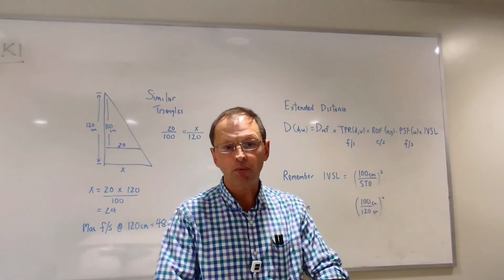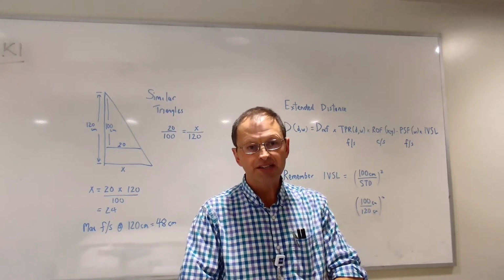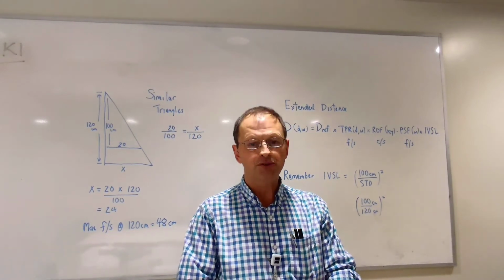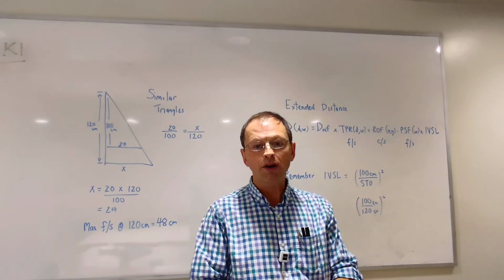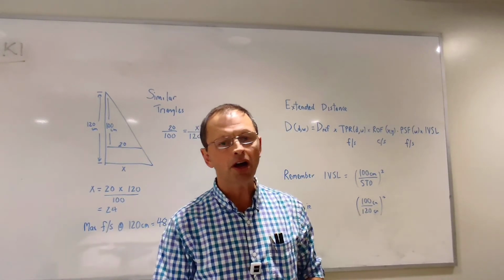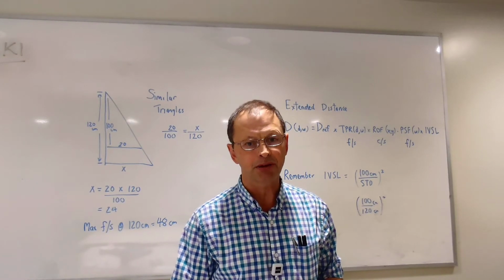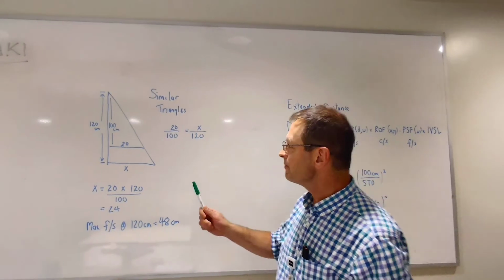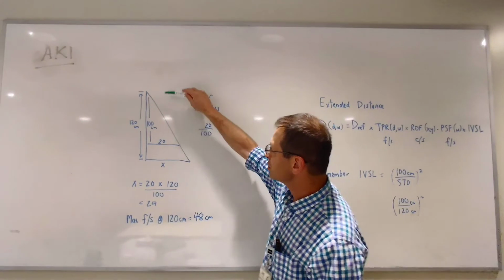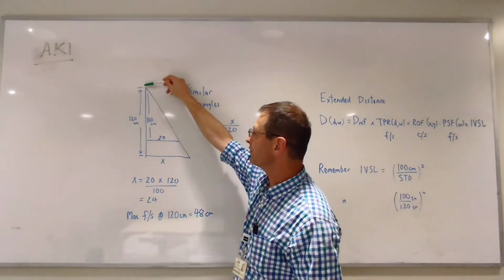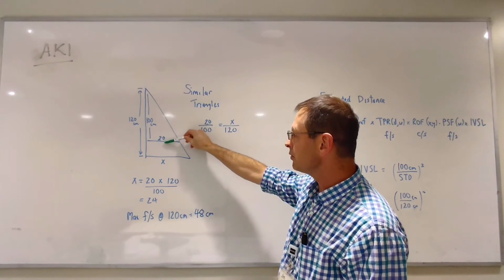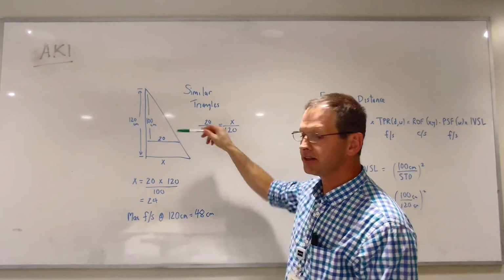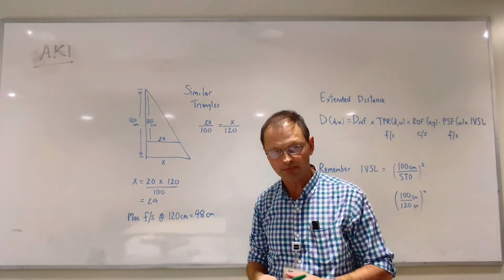The first thing to be aware of is, of course, when we extend a field: our maximum field size at 100 is 40 by 40. But once you pull the field out, the concept of similar triangles comes into play. My diagram is meant to show the normal geometry. If your source is here, you go 100 centimeters away, your x1, x2, y1, y2 jaw can only go as far as 20 out.